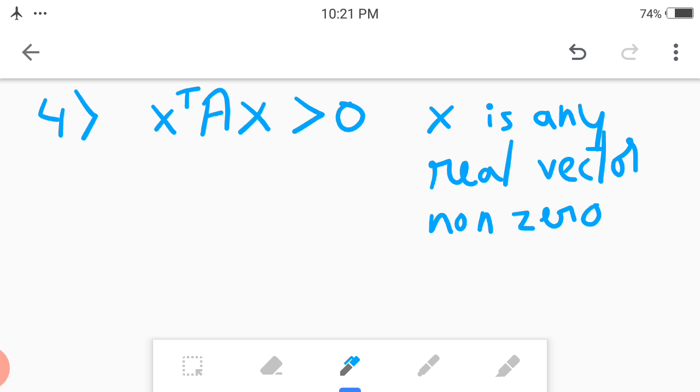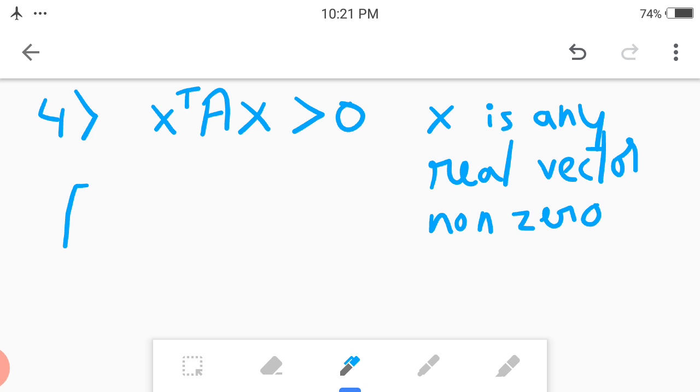That is, it can have positive, negative, fractions, any value. But when you compute x transpose Ax, it always has to give a value greater than 0.